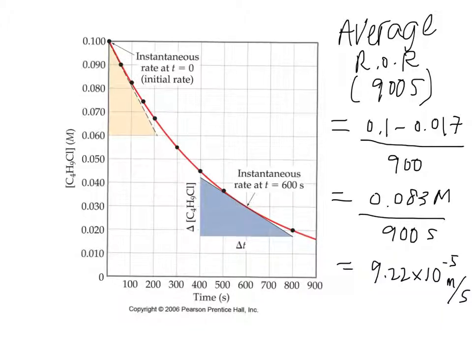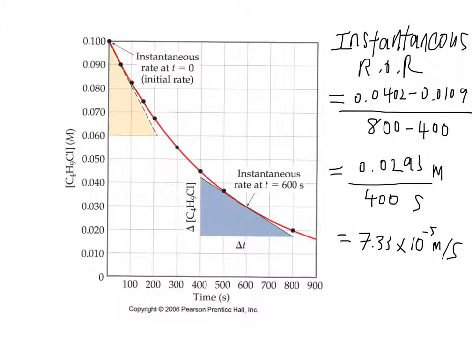Whereas if you were to calculate the instantaneous rate of reaction, given a graph, you have to draw a tangent, this triangle. Let's say the question asks for the instantaneous rate of reaction at 600 seconds. So at 600 seconds, at this point, you draw a straight line.